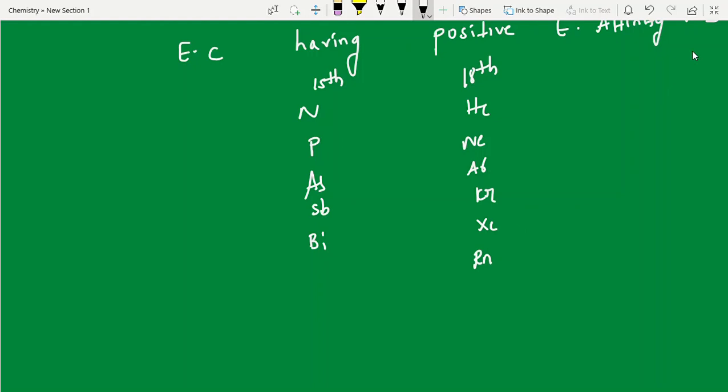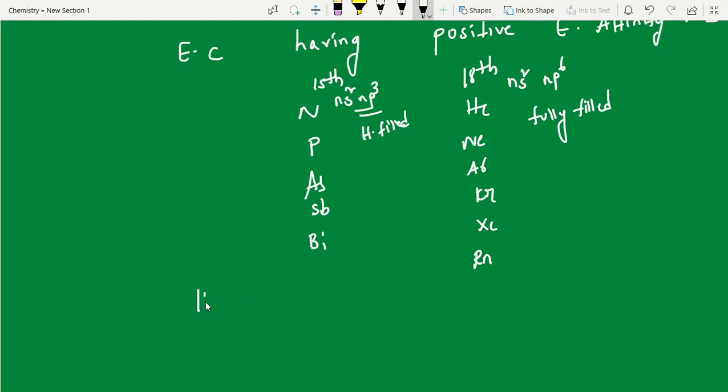Reason: this is a completely filled electronic configuration, and this is a half-filled electronic configuration, and this is a completely filled electronic configuration. Fully filled, completely filled. They are not ready to accept. That's why it shows a low value, very less or else a positive value.